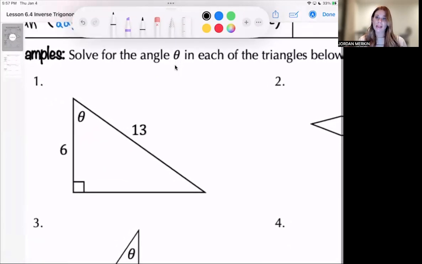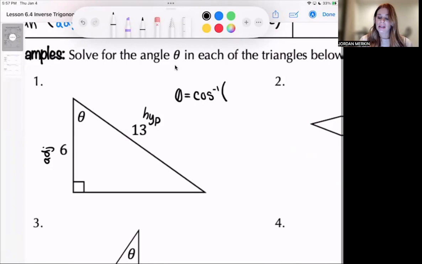Well, to solve for missing angles, we have to use inverse. Now we're given the adjacent and the hypotenuse. So it looks like we're going to want to use inverse cosine. So theta is equal to inverse cosine of adjacent, which is 6, over hypotenuse, which is 13.